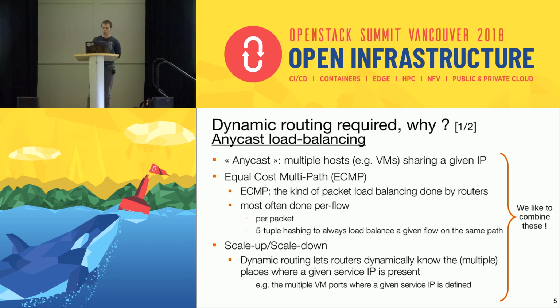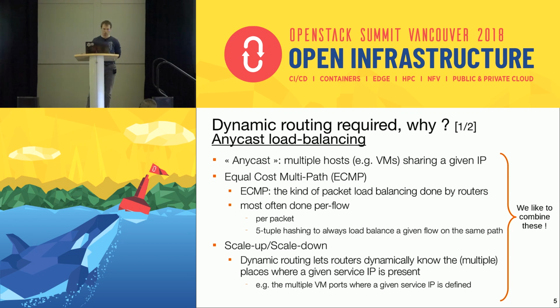This is really packet-based load balancing with a twist. These devices most often, actually nearly always, use a 5-tuple hash to guarantee that a given TCP session or UDP connection will be load balanced on a given path without changing, to avoid reordering, which typically hurts TCP performance.